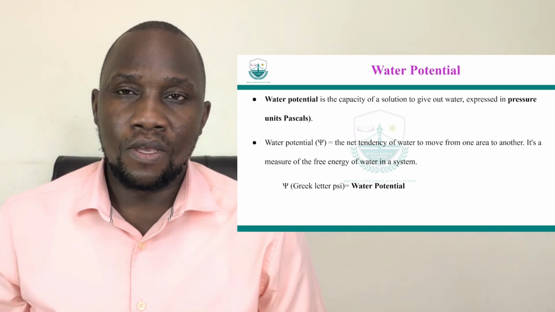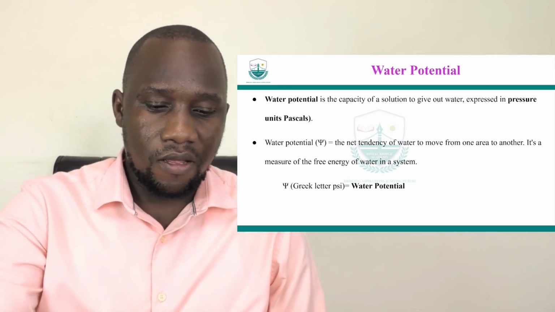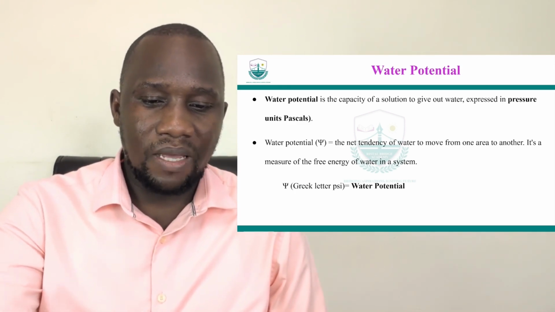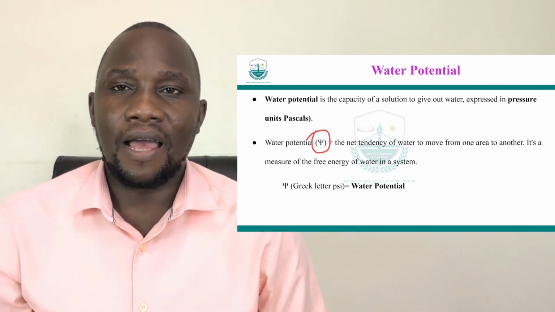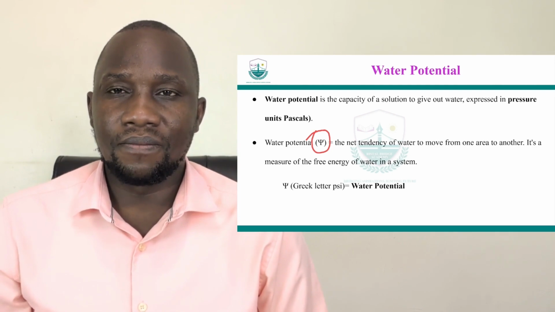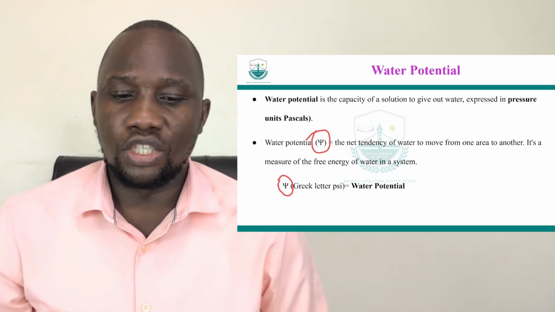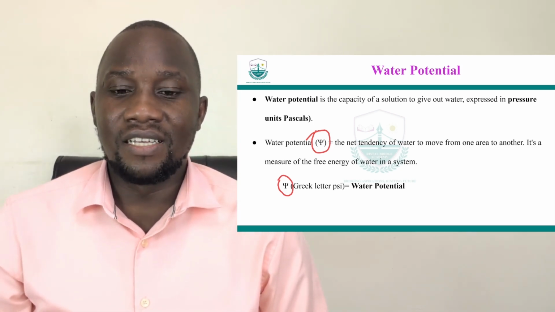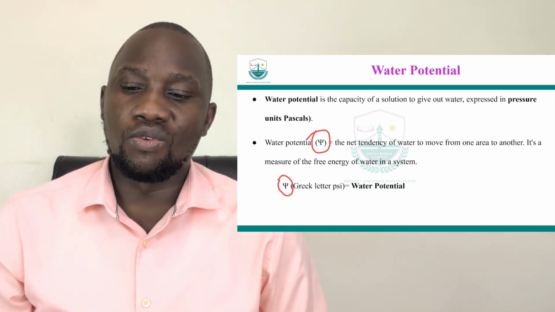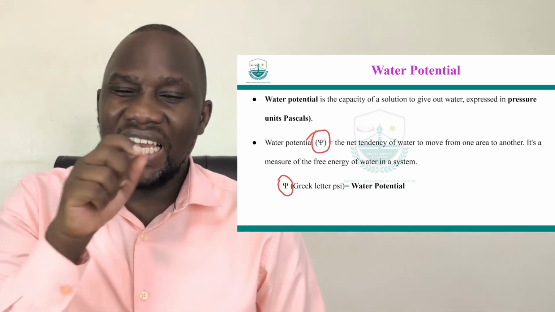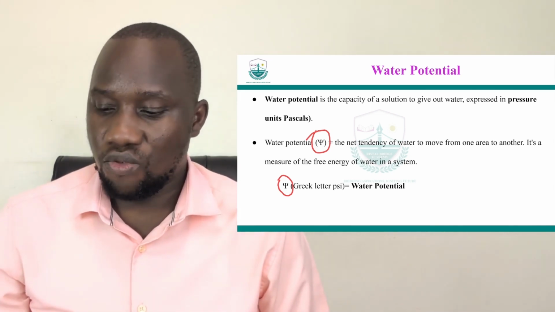Water potential can be indicated by this sign here. That sign is a Greek letter psi. So when you see this sign, it means water potential. And we have just said it represents the capacity of a solution to give out water, or the tendency of water molecules basically to move. That is what water potential means.